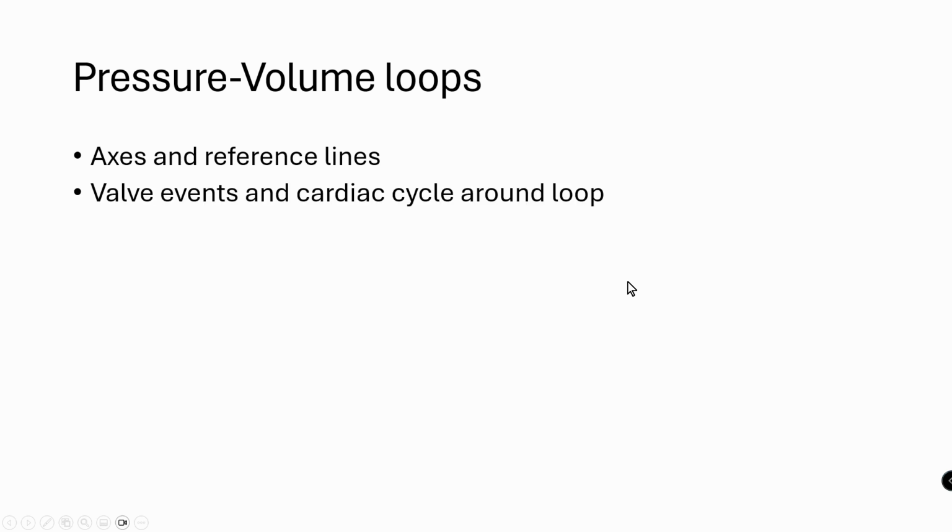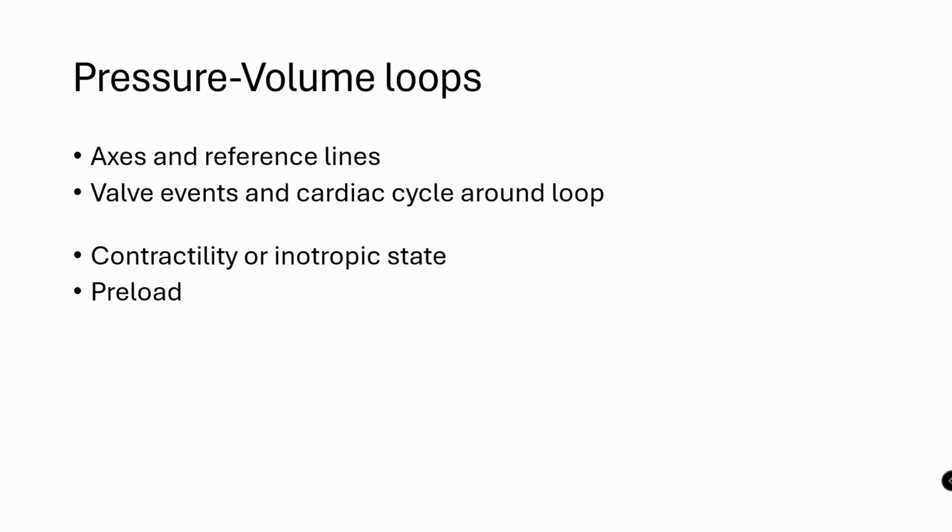Then we're going to talk about the loop itself and talk about the valvular events and the phases of the cardiac cycle that we're looking at as we go around the loop. Then we're going to come back and talk independently about contractility or inotropic state. We're going to talk about preload, or how full the ventricle is, the end diastolic fiber stretch, if you will, of the heart.